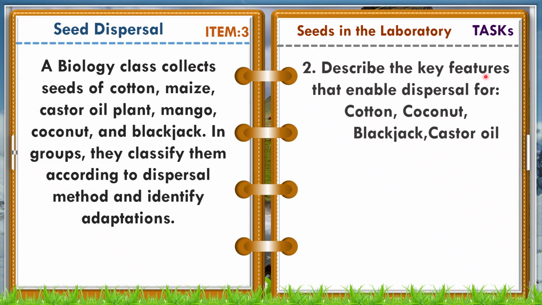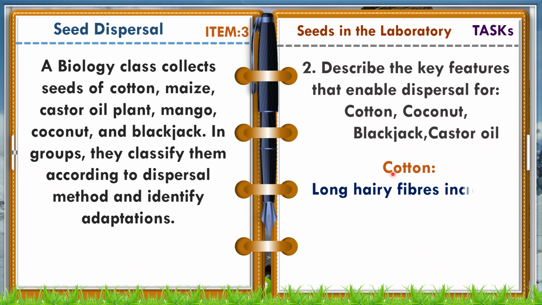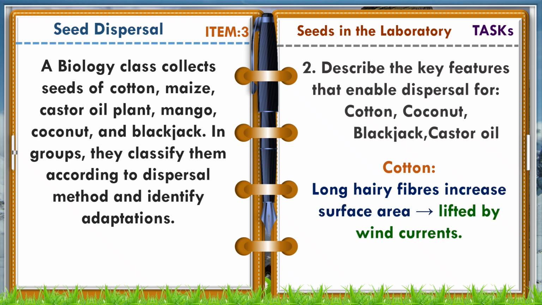Describe the key features that enable dispersal for cotton, coconut, blackjack, castor oil. Cotton has long hair fibers, and these increase the surface area, which facilitates being lifted by wind currents.